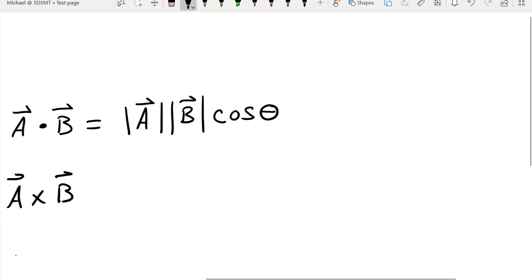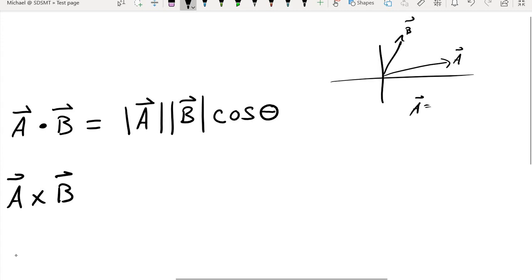So if we had vector A pointing here and vector B pointing here, we'll say vector A is 8 meters at 20 degrees from the x-axis, and vector B is 6 meters at 70 degrees from the x-axis.